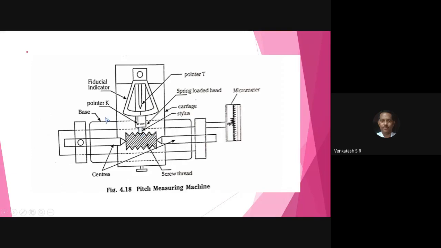All of you observe here, this is the pointer K and this is the fiducial indicator. Here you can measure the pitch of the thread in the micrometer. While you move the spring loaded head with the stylus, there will be a rotation in the micrometer that will give you the pitch of the thread.